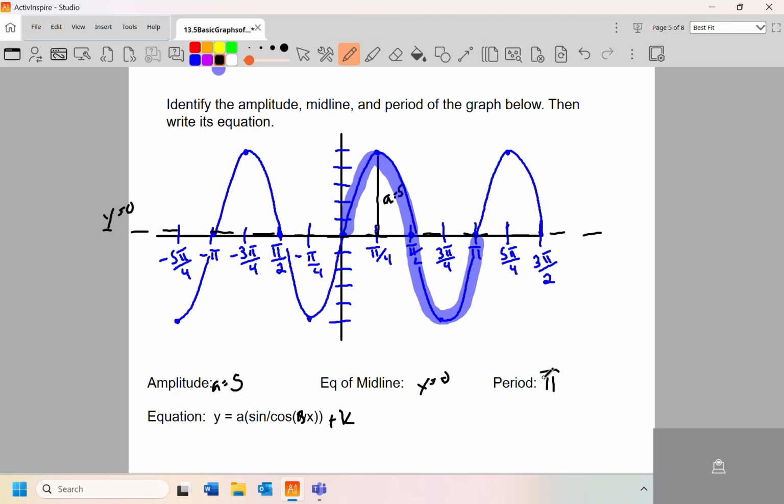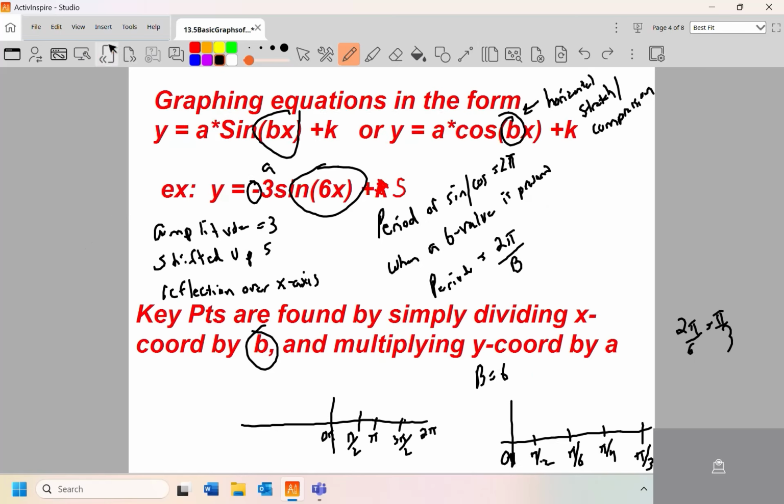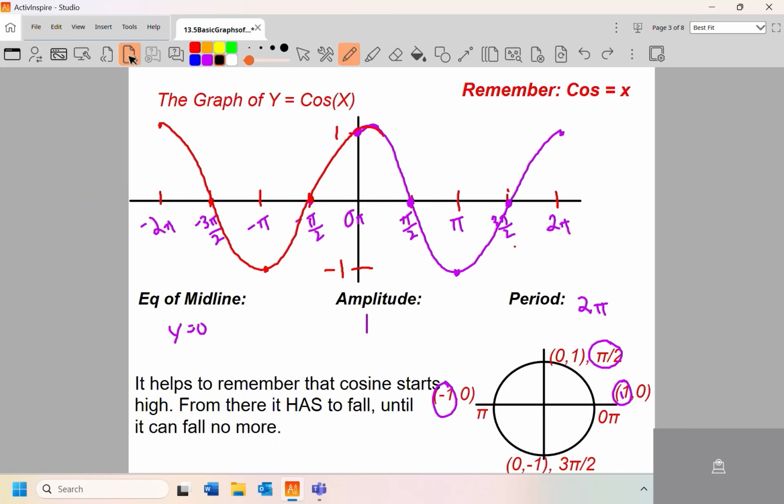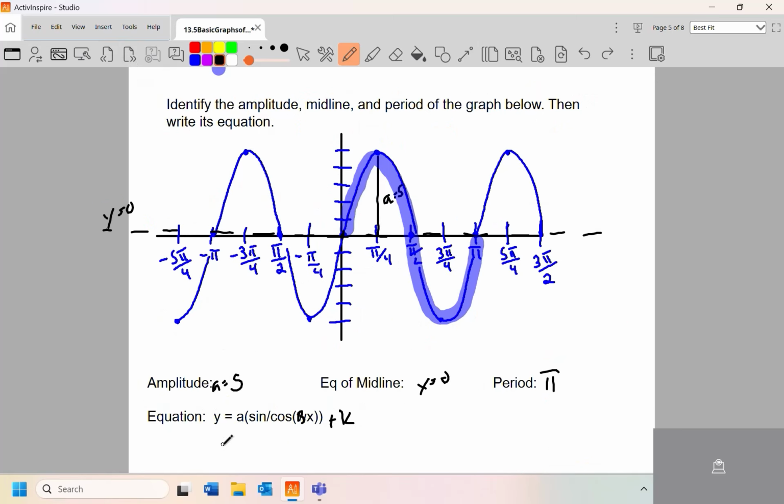It does all its business in pi units. Let's write the equation. This looks like sine, doesn't it? That was cosine, this is sine. Sine starts at the origin. So it's y equals, the amplitude was 5 sine. K is plus 0, so it doesn't really matter. I've got to figure out what goes in here.